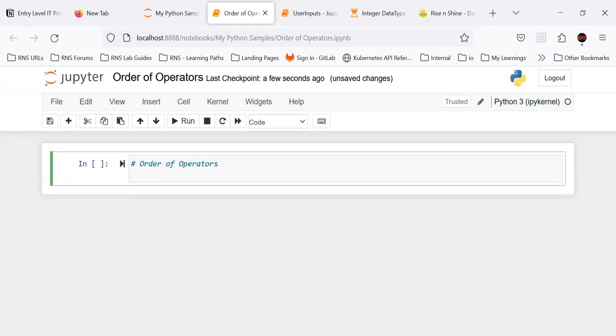Suppose I give this something like 2 plus 3 into 2. What is the value of this operation? Can you type it in the chat window? Is it 8 or is it 10?